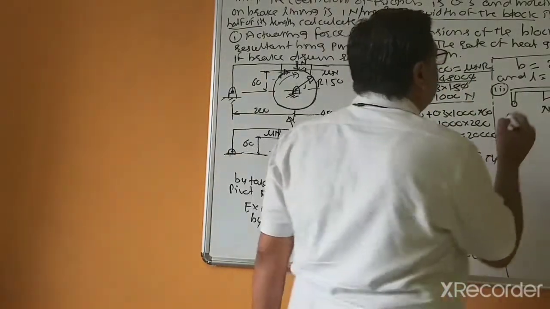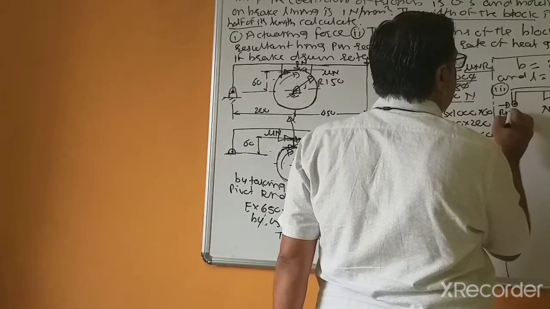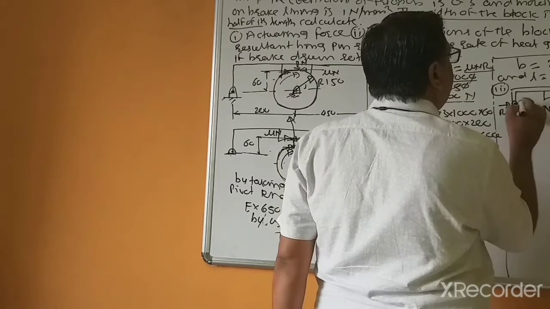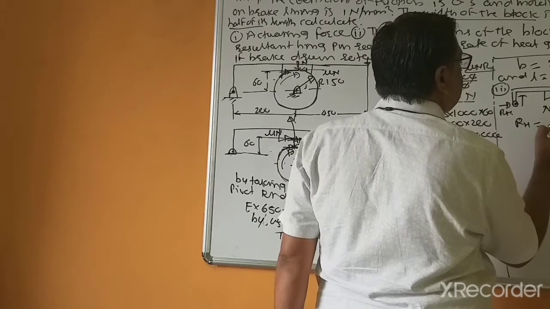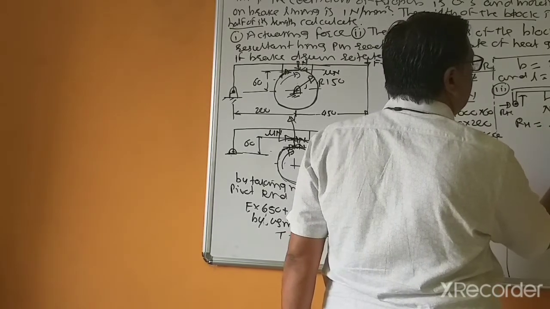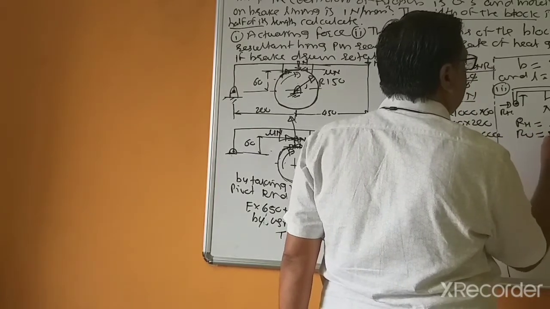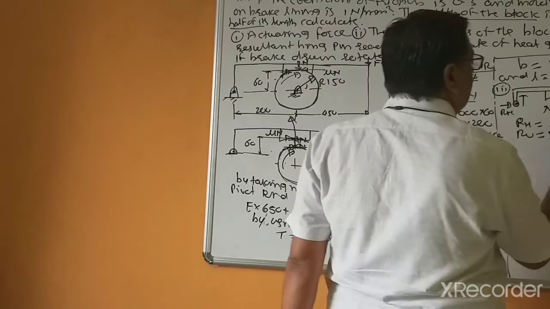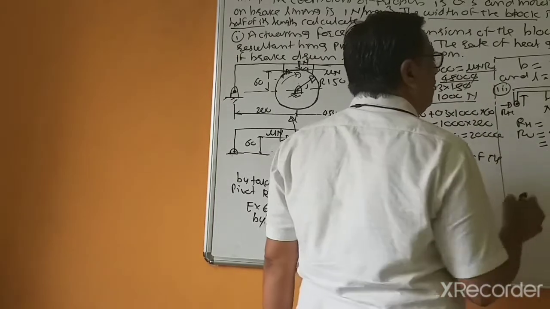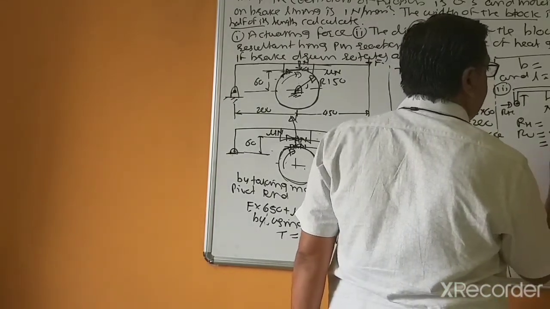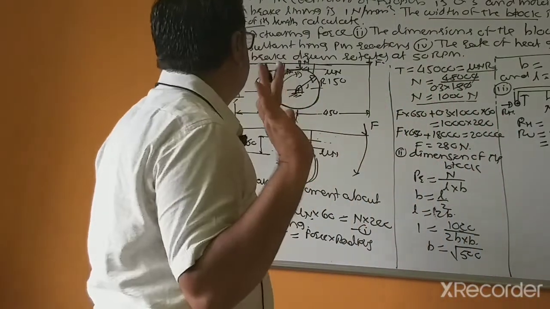So the reactions are RH and RV, where RH equals mu N equal to 300 Newton and RV equals N minus F, 1000 minus 280, equal to 720 Newton.